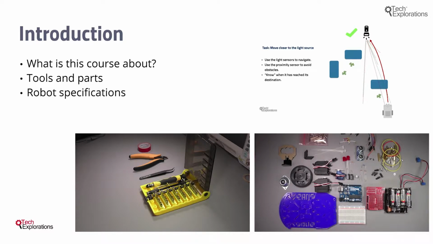The last lecture of this section is the one where we try to analyze the problem of the light following and obstacle avoiding robot so that we know exactly what it is that we are dealing with. And we are going to be using the information in this lecture to design the robot that will solve the problem appropriately.